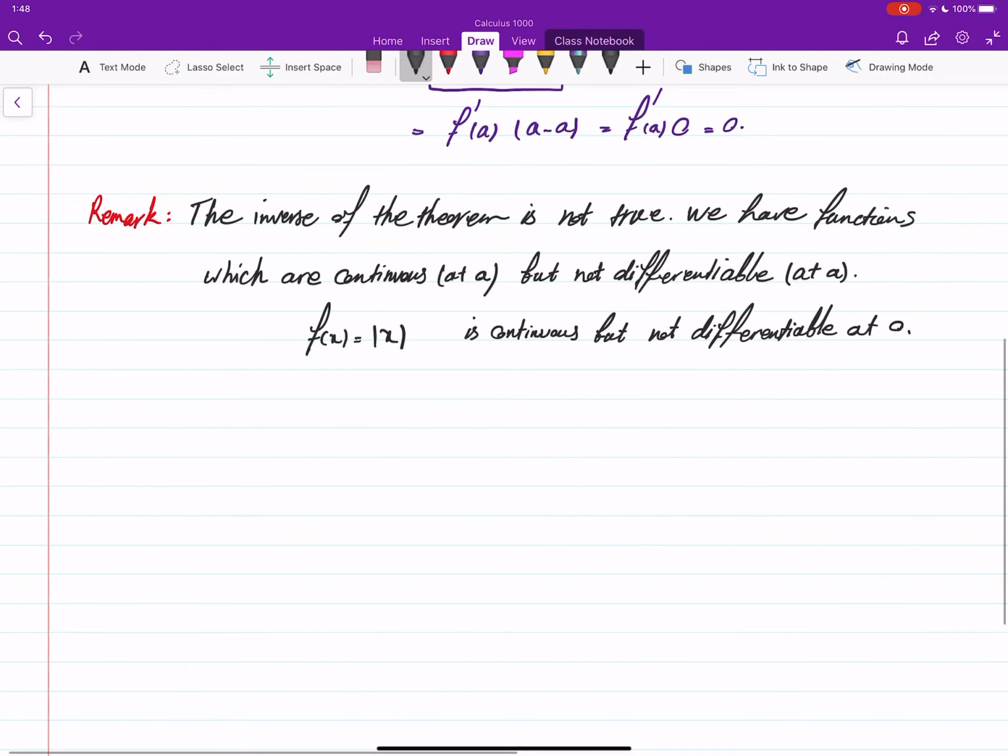The second remark is that we can use a version of this theorem which makes more sense, maybe, if something is not continuous at a point.